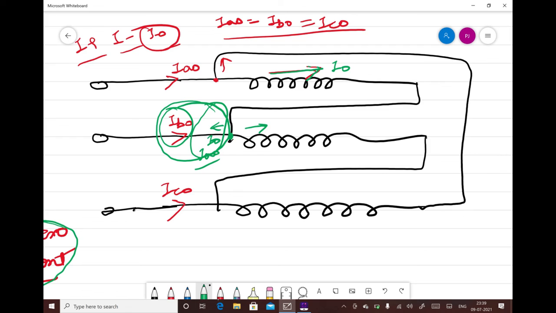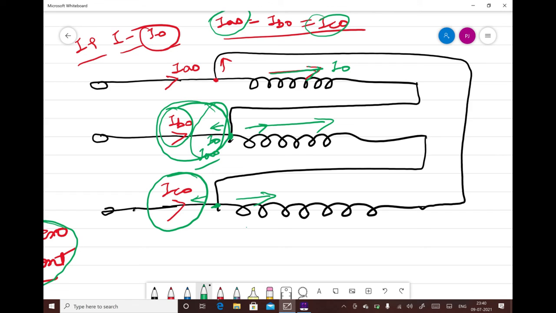That means this I0 flowing through this winding cannot go out, it must travel through this path. When it is at this point, it again has two paths, but again it cannot go in that direction, because this identity would not hold true. So this current I0 must flow through this winding.